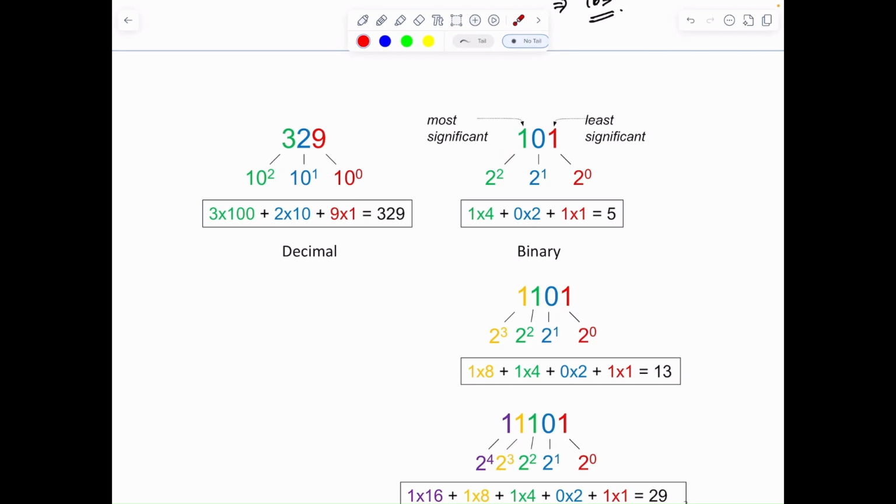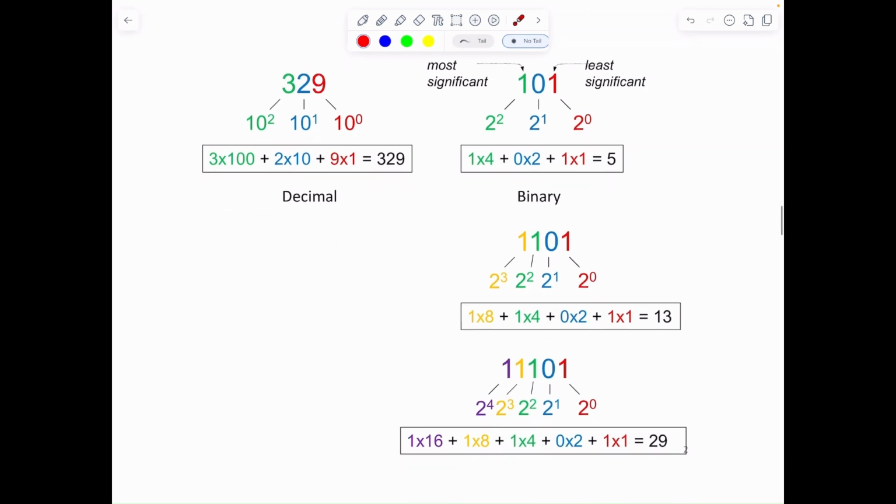Instead of 10 power, in our case, we have everything in binary. So the first digit, the least significant bit, is 2 power 0, this is 2 power 1, and this is 2 power 2. So I have 1 of 2 power 2, 0 of 2 power 1, and 1 of 2 power 0, which is the 1's representation. So I have 4 plus 0 plus 1, this number is 5.